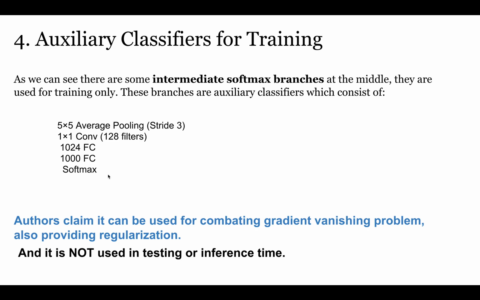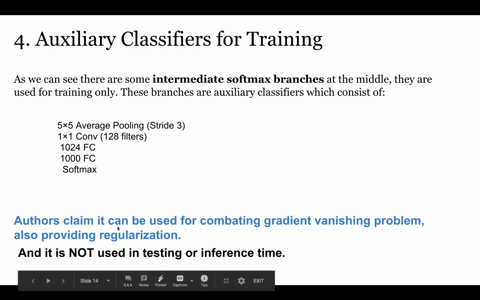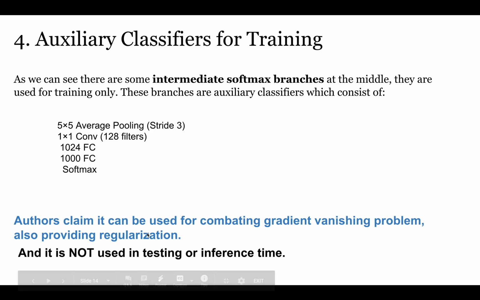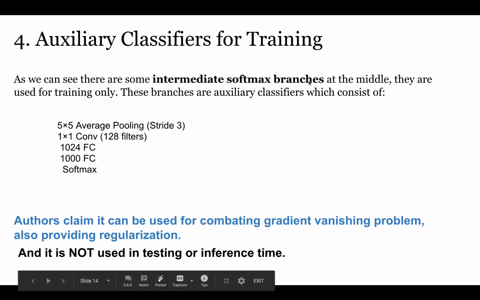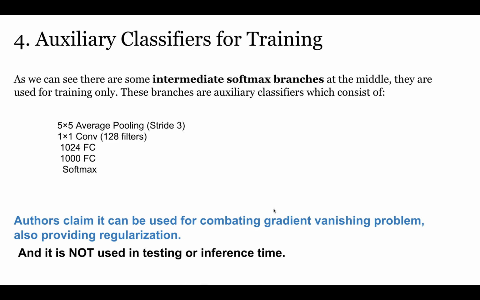The authors of the paper claim it can be used for combating the gradient vanishing problem and also providing regularization. The intermediate softmax branches are not used in testing and inference time. They are used only at training time. So these are all about the auxiliary classifiers for training.